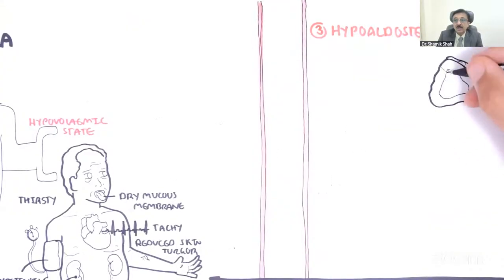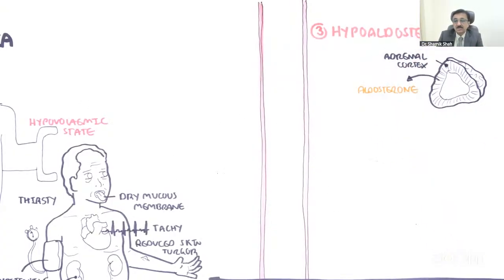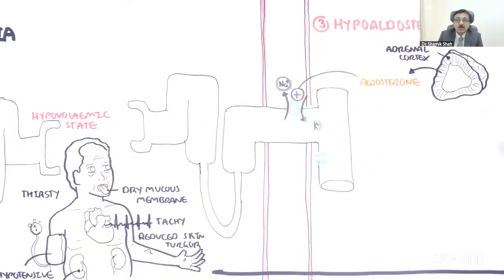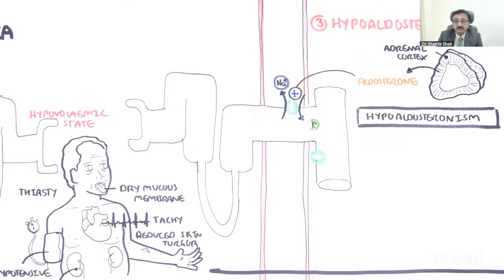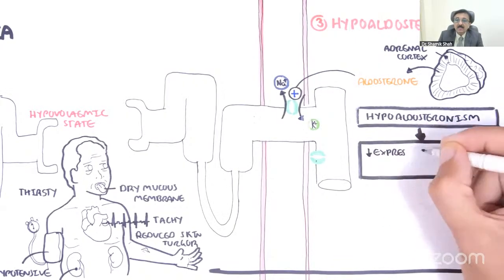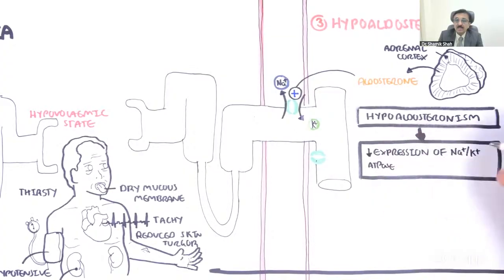A third important cause of hypovolemic hyponatremia is hypoaldosteronism. We know that the adrenal cortex produces the hormone aldosterone, and aldosterone mainly acts on the distal convoluted tubule, on the channels which cause the transport of sodium in exchange for potassium. So when we have a patient with hypoaldosteronism, or patients who are taking potassium-sparing diuretics, for example, there will be decreased expression of the sodium-potassium ATPase and the epithelial sodium channels.